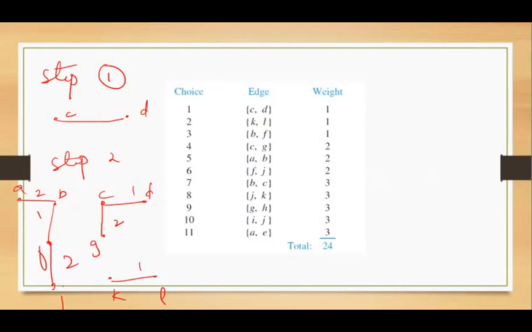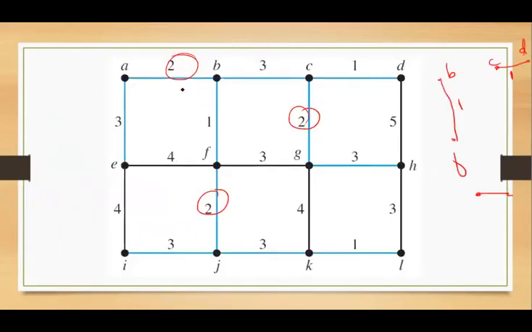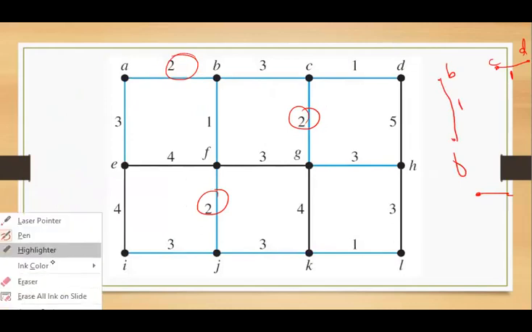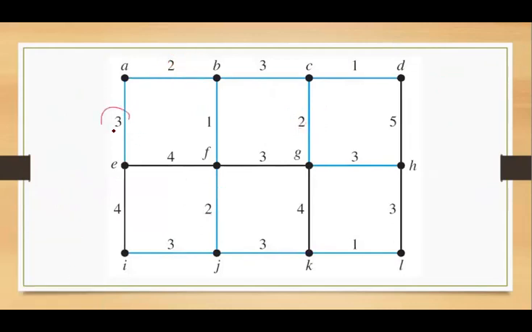Now we have to check the next least minimum weight. AE is 3, BC is 3, GH 3, FG 3, IJ, JK, and LH. So basically we have 6 edges with the weight 3. Can we take any of them?